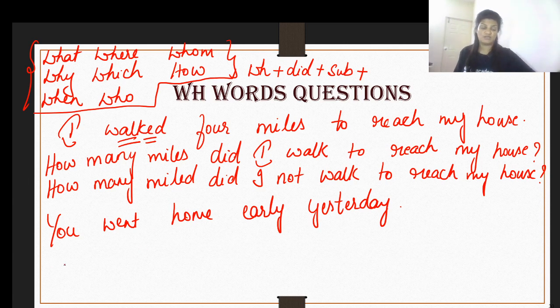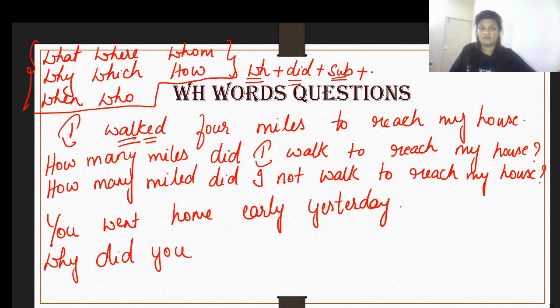Let us change that into a WH question by bringing the word why, and soon after the WH word, what do we put? We put did. Why did? After did, we are going to bring in the subject, right? So the subject is you. Why did you?